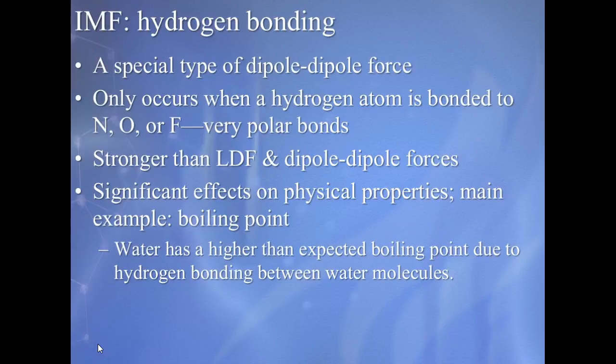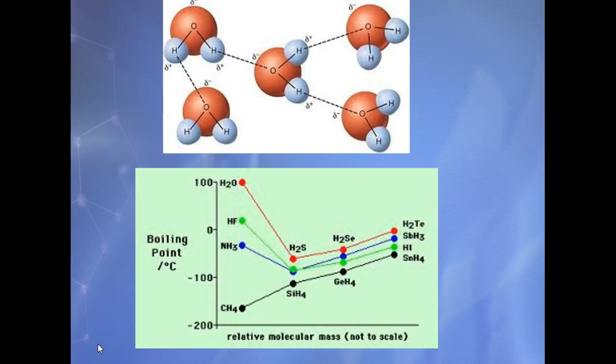So again, boiling points are very important. Why does water have such a high boiling point? It's because of this. And there's a diagram, again, showing you the dashed lines between water molecules, showing their intermolecular forces. So that would be the hydrogen bonding.